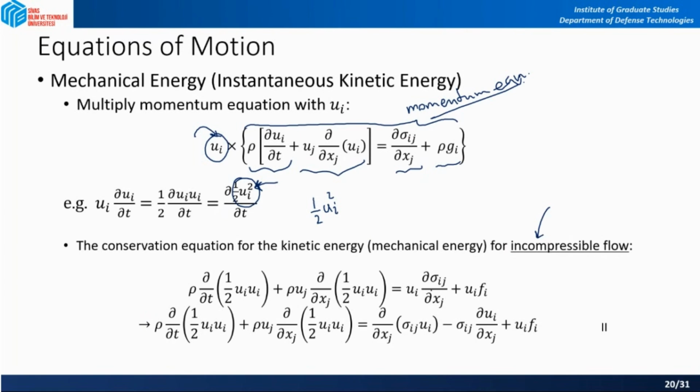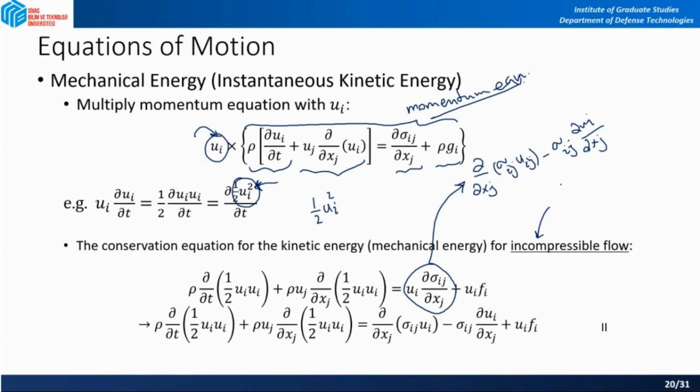So this ui d dxj of sigma ij, actually you can expand this. I will write it in here. It is d dxj of sigma ij ui, minus sigma ij d ui dxj.